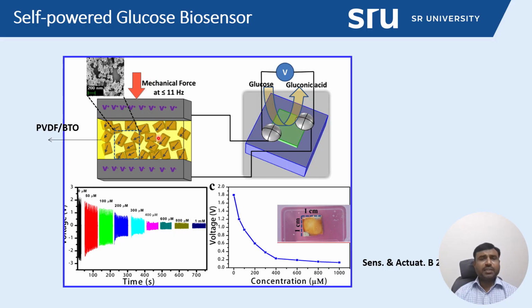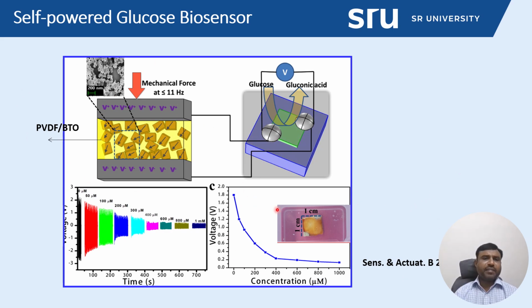Based on the change in voltage, we can easily assume that the sensor is able to detect a particular molecule. For example, here they have developed a glucose sensor using these nano generator devices, which was published in the journal Sensors and Actuators in the year 2016.